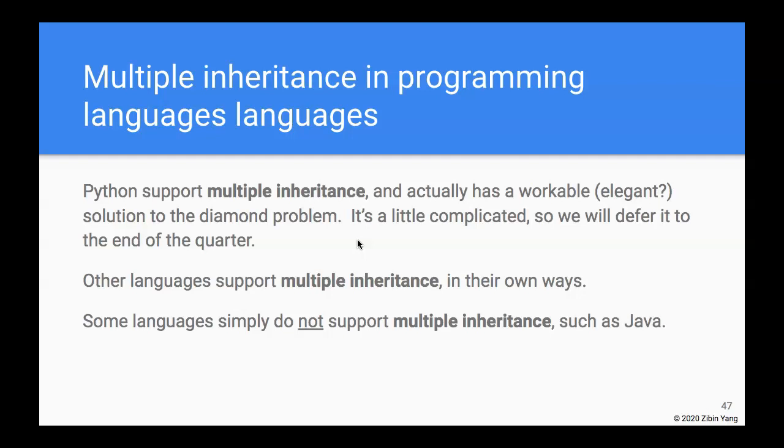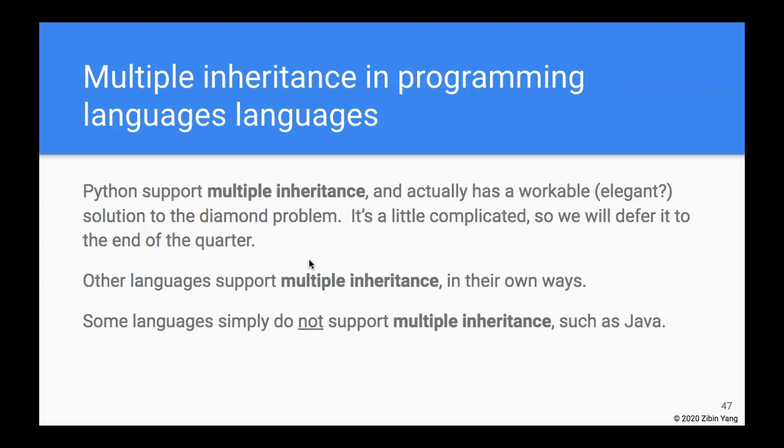Just to put things into perspective, there are languages that do support multiple inheritance. They fix the diamond problem in their own ways. And some languages simply say, this is too big of a mess, and multiple inheritance is not useful enough to have to deal with this mess. So they don't support it.